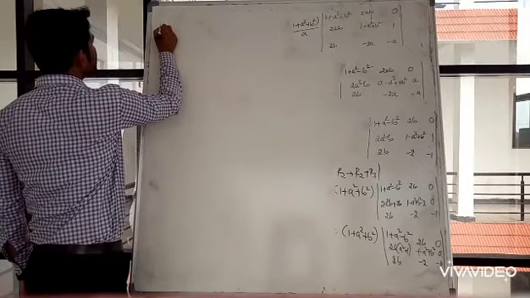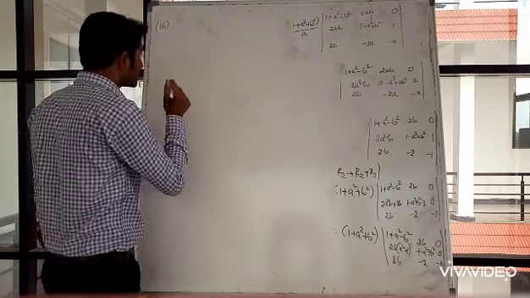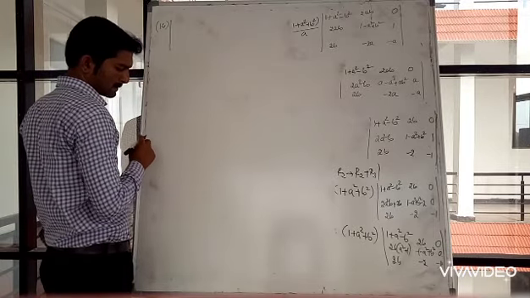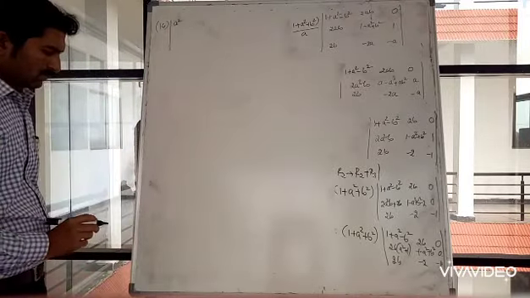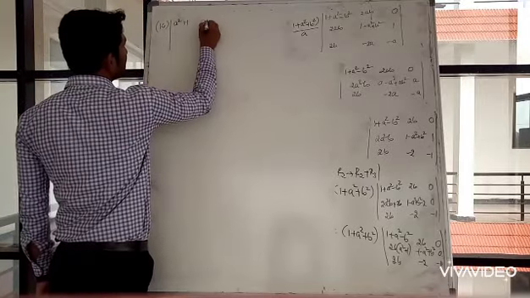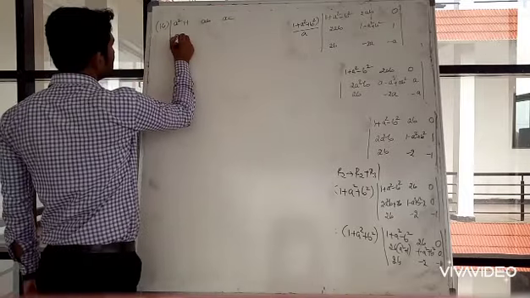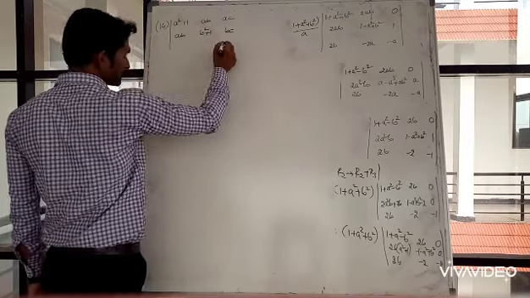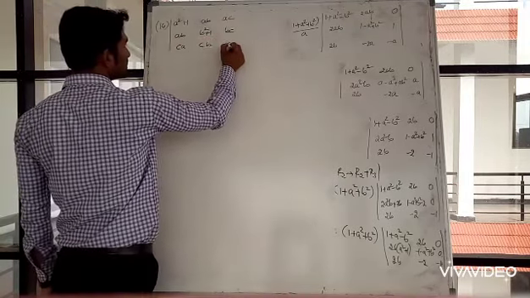Question number 14. Prove by using properties of determinants: a square plus 1, ab, ac; ab, b square plus 1, bc; ca, cb, c square plus 1.